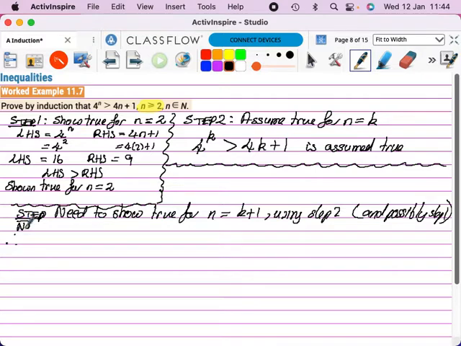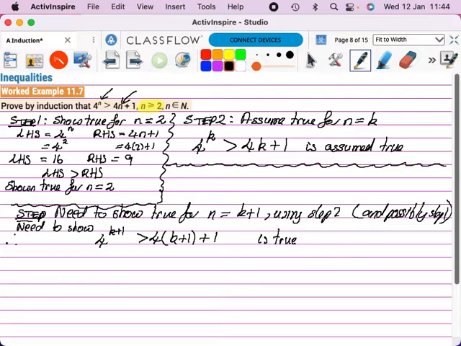Therefore, need to show that 4 to the power of k plus 1, because the n is now becoming k plus 1, is greater than 4 times an empty bracket, because we're replacing the n with a k plus 1, plus 1, is true. And of course, in your head, you're saying using step 2.